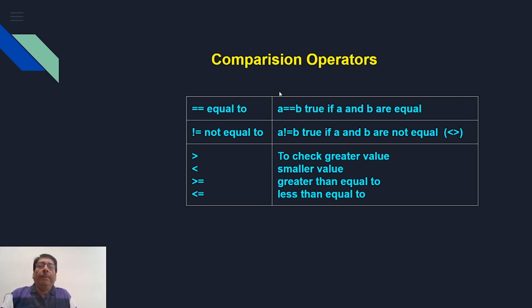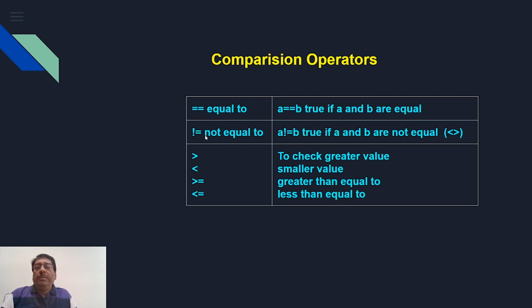Similarly, you have comparison operators, otherwise called relational operators. Double equal to is to check for equality. A double equals B means you are going to check whether the value of A is equal to B or not.